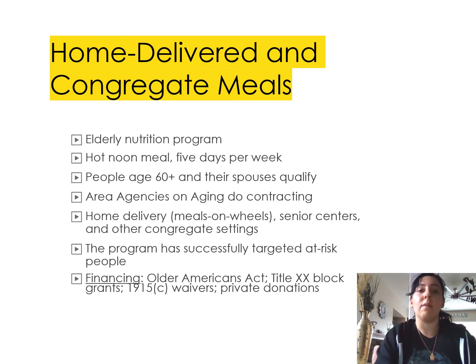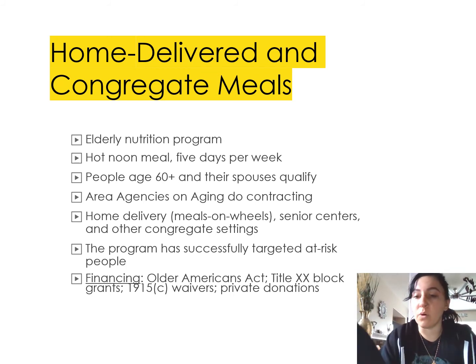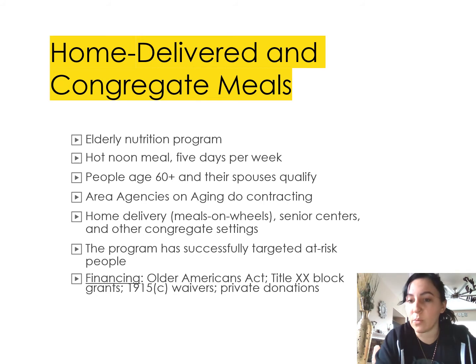So this is a nutrition program for older adults. Okay, typically you will get one hot meal every day for 5 days per week. And this is for those who are age 60 and older and their spouses.